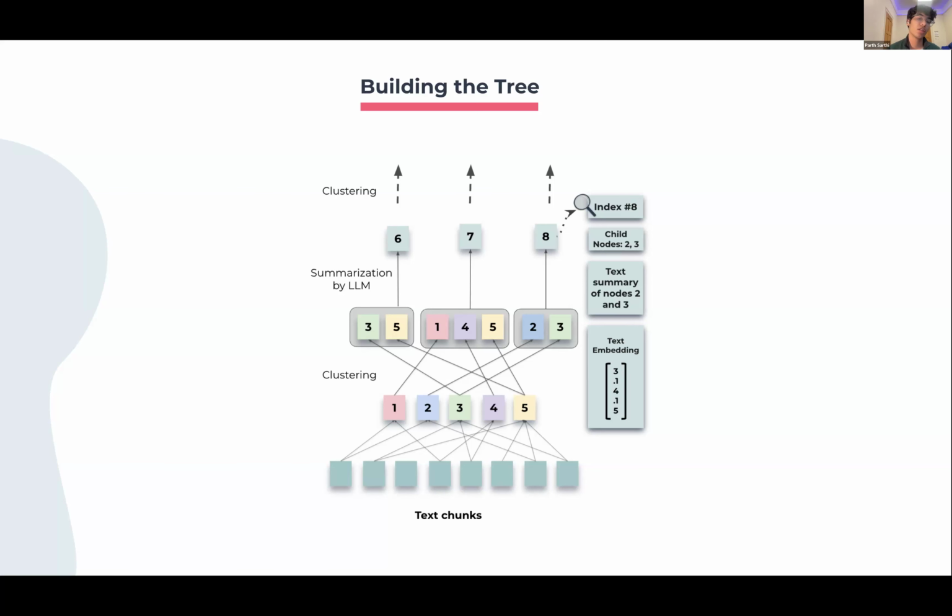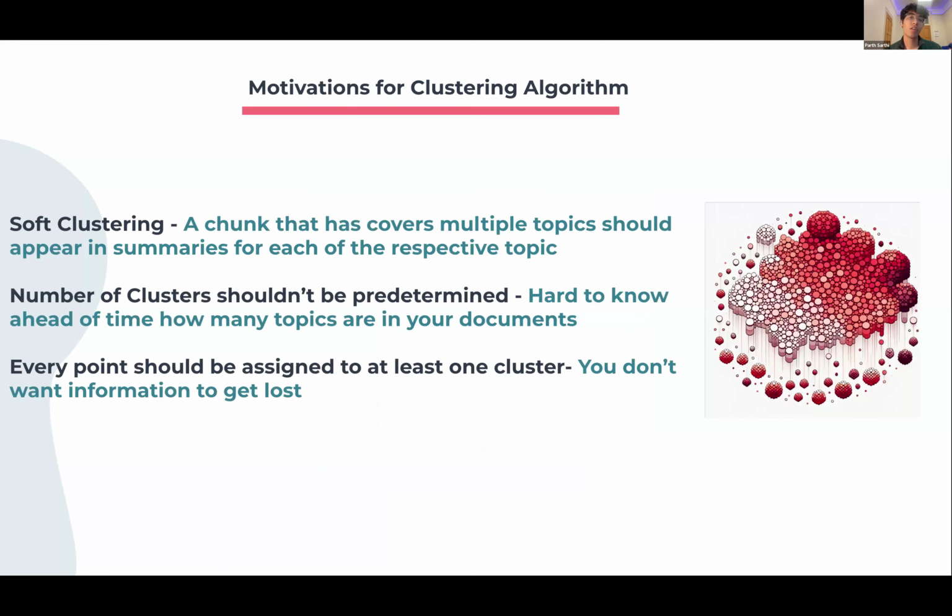So we again embed, cluster, and summarize, and we keep on building this tree till we get to a root node or we're no longer able to cluster anymore. So if we have, let's say, three nodes at the root layer and we can't cluster anymore, we stop. And once we have this tree, we can query from it.